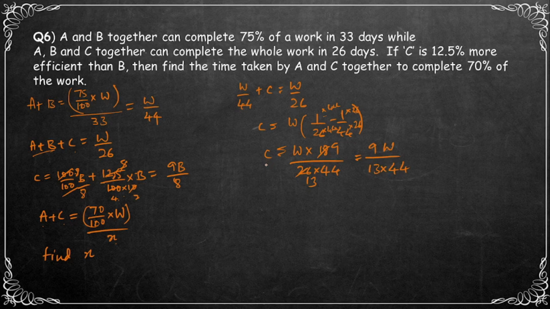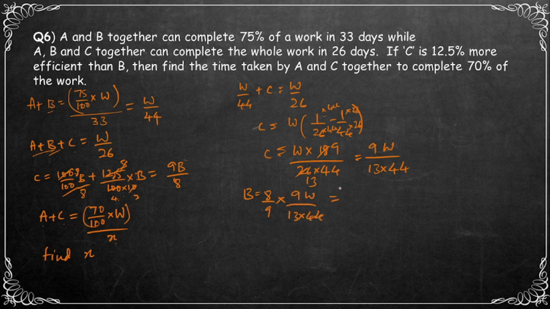Since now we know C, we need to find A, but we need to find B as well. So here we have 9B by 8 is equal to C. That means B is equal to 8 by 9 of C. So 8 by 9 into C, which is 9W by 13 into 44.